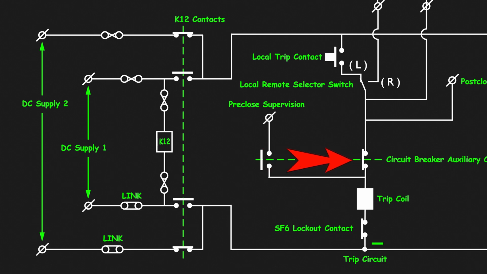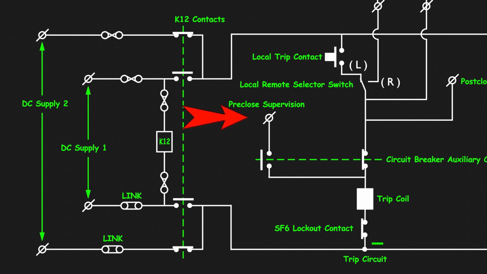This NO, normally open, contact of the auxiliary switch of the circuit breaker is in a closed condition. And if the pressure of the SF6 gas in the circuit breaker is above the lockout pressure, then the SF6 lockout contact will also be in the closed position. If these two contacts are in the closed position, and the local remote switch is in local position, then only by pressing the local trip push button, we can trip the circuit breaker.